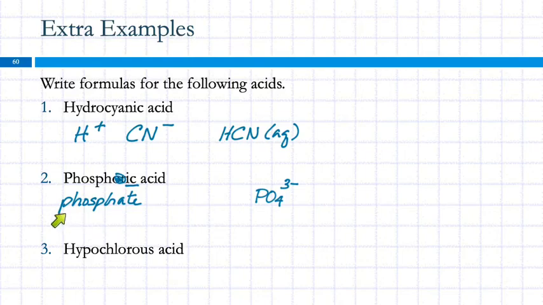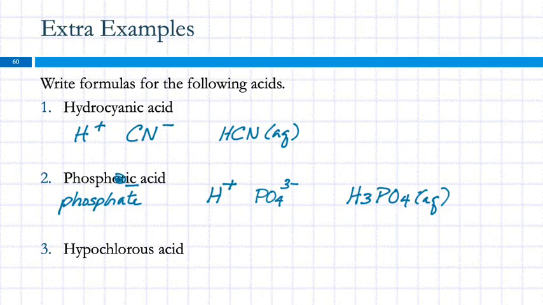So when we need to know what the formula for phosphate is, we should first search our brains and take our best guess at it and then double check by looking at a list or something. So that's phosphate. And then there's going to be hydrogen. How many hydrogens do I need? I need 3, so this will be neutral. So it's going to be H3PO4. Okay?